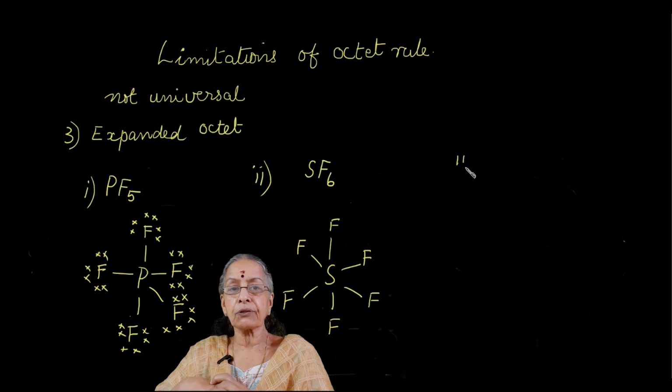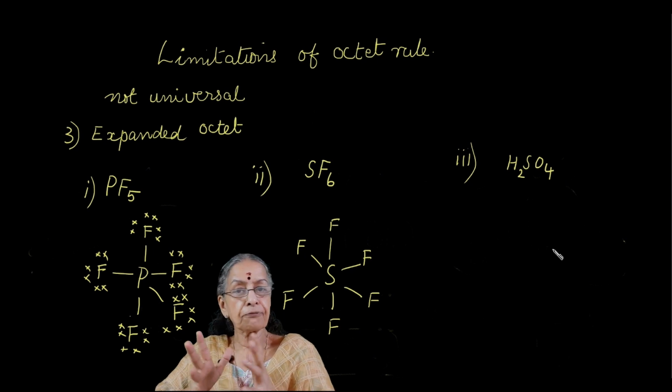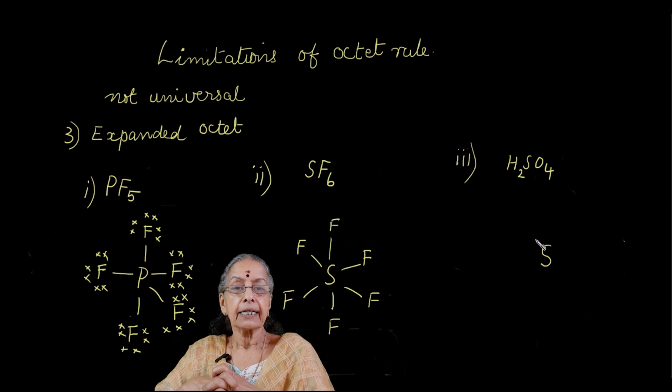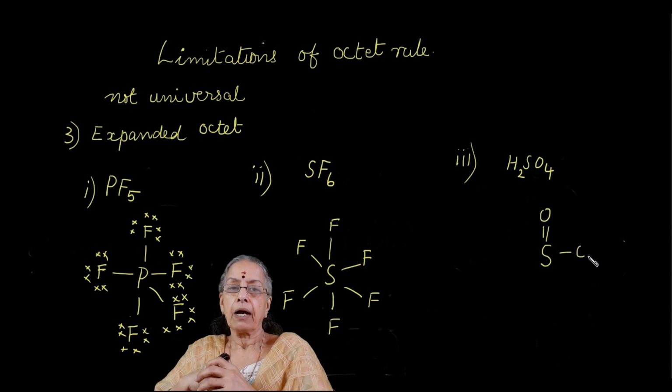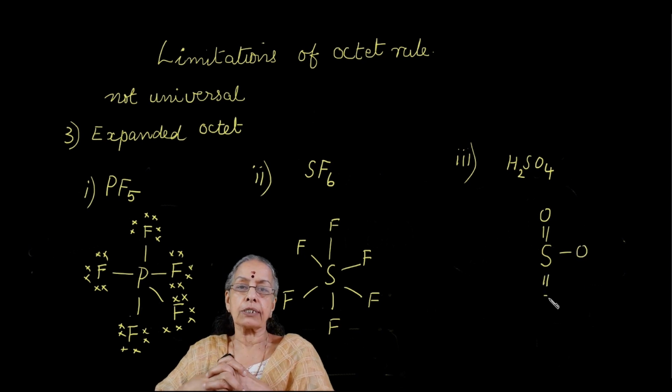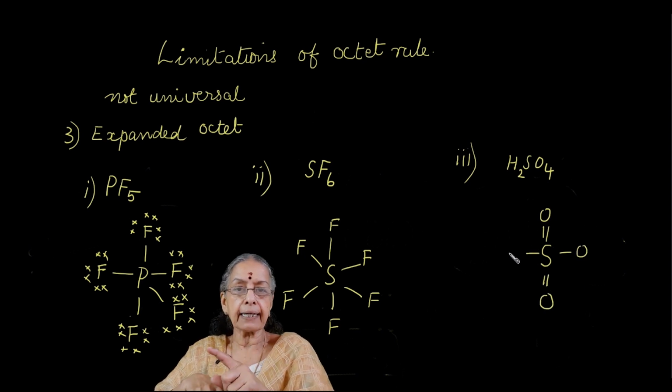Now, example number 3. Sulfuric acid, H2SO4. Sulfur is the central atom as it has the least electronegativity. It forms 2 double bonds with 1 oxygen atom each and 2 single bonds with the 2 other oxygen atoms.